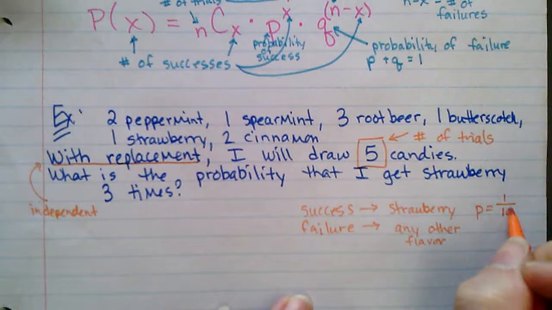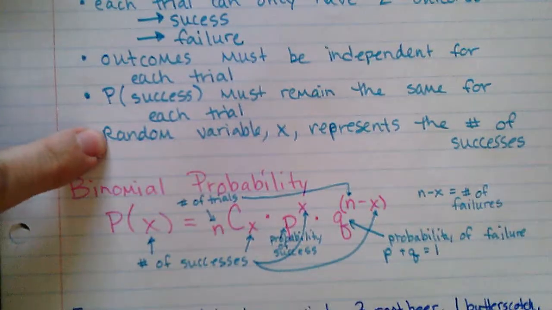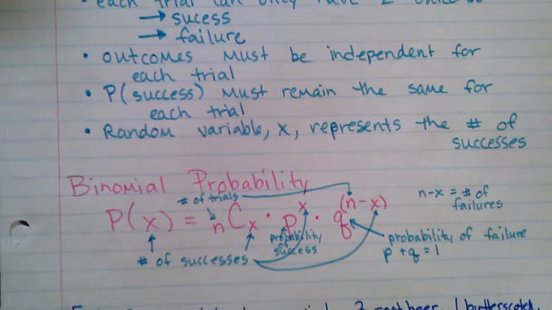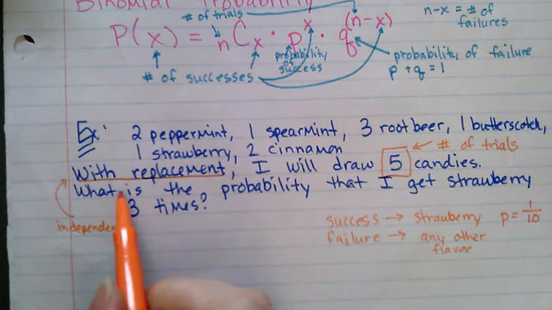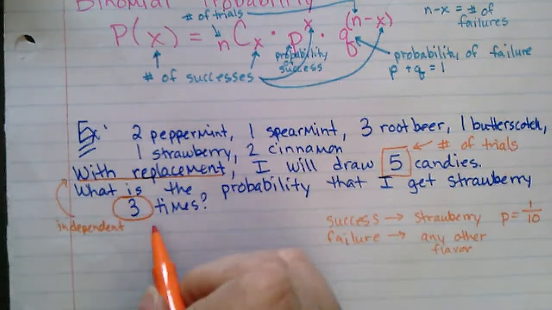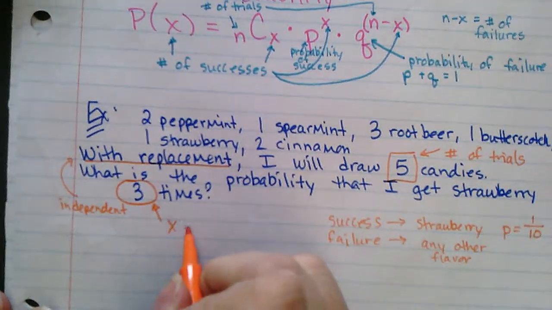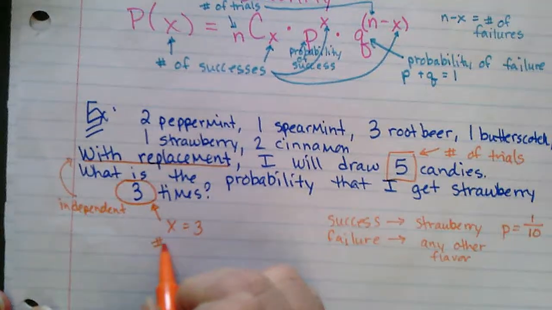So the probability of success is 1 in 10, and that will remain the same each time because I'm putting my candies back. And then the random variable x represents the number of successes. So I want to know what's the probability I get strawberry 3 times. So this is my x. x is 3, which is the number of successes.